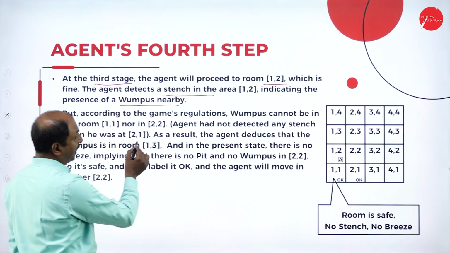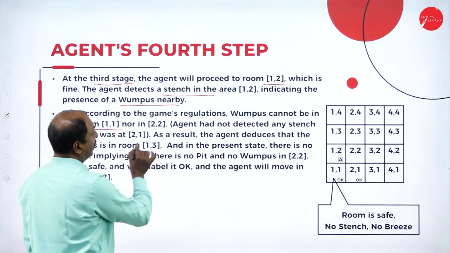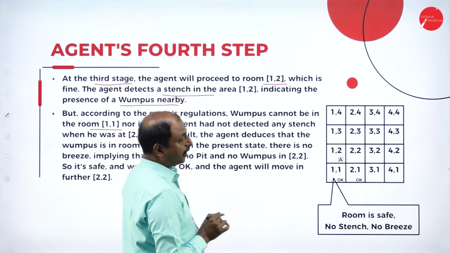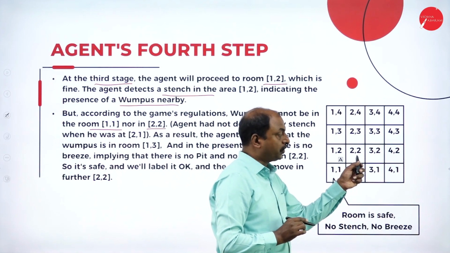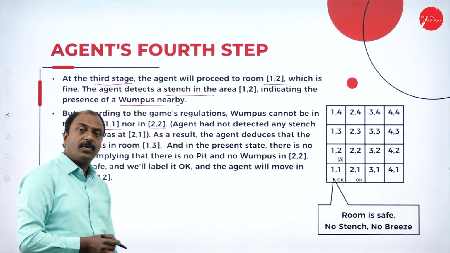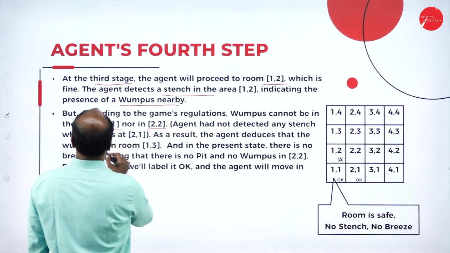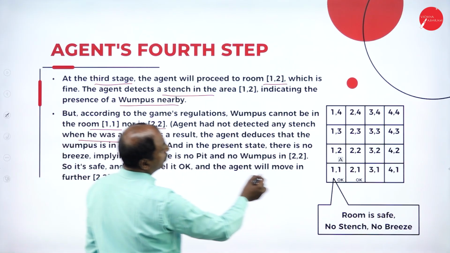Then, according to the game's rules, the wumpus cannot be in room 1, 1 nor in 2, 2. And the agent had not detected any stench when he was in 2, 1.